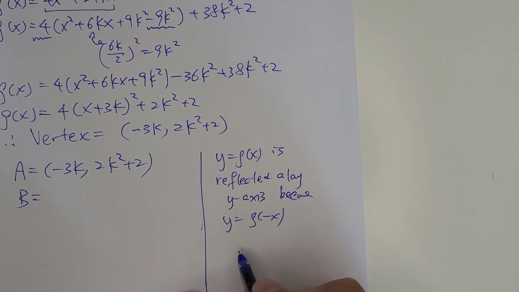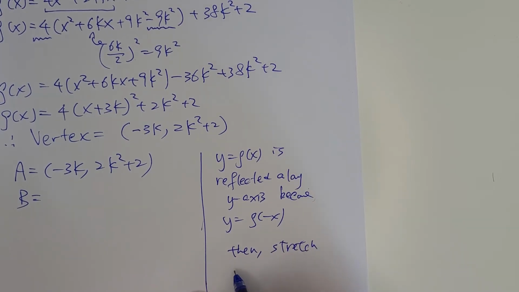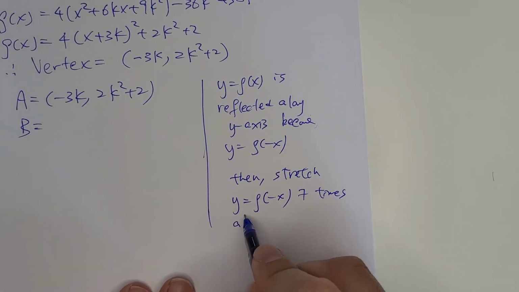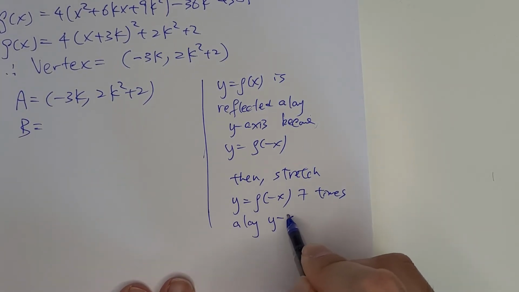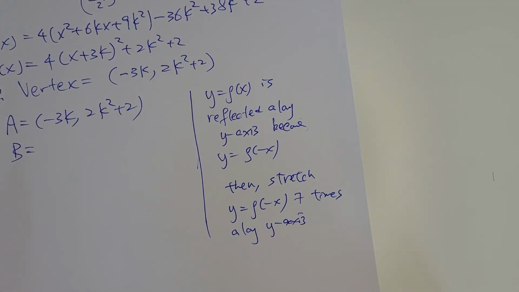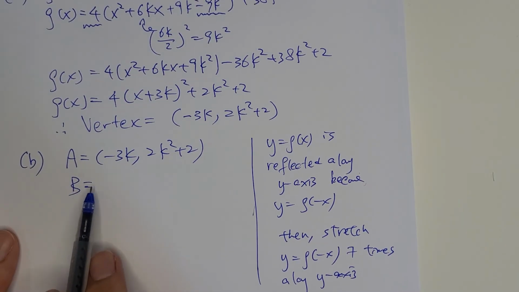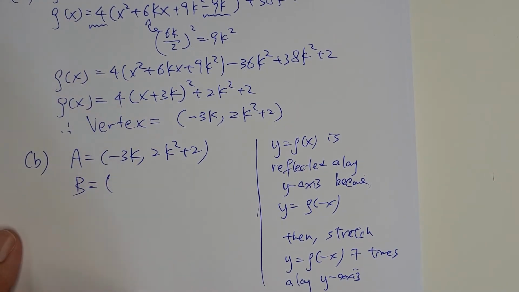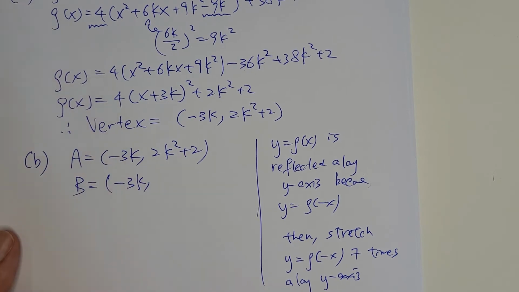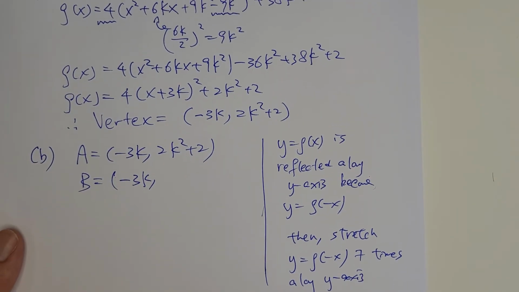That's the first step. Then, stretch y equals g(-x). We stretch this one 7 times along the y-axis, make it longer, thinner. Therefore, the vertex here becomes, of course, negative 3k. It has no effect on the x coordinate of any point in the graph.